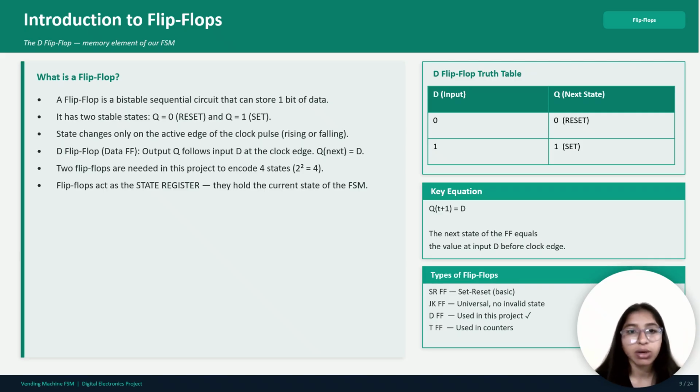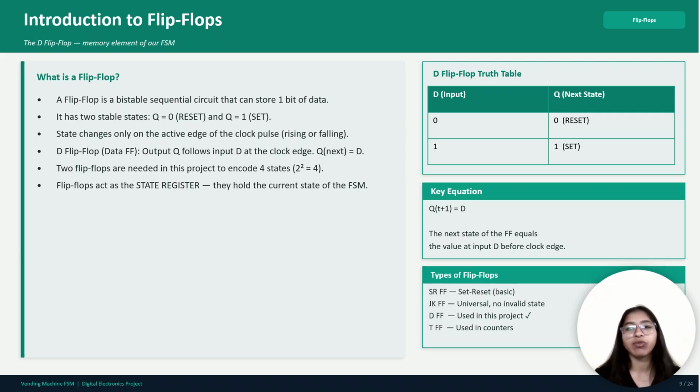A flip-flop is a bistable circuit, meaning it has two stable states, Q equals 0 and Q equals 1. It can store exactly one bit of data. A key property is that its state only changes on the active edge of the clock signal, either the rising edge or the falling edge.